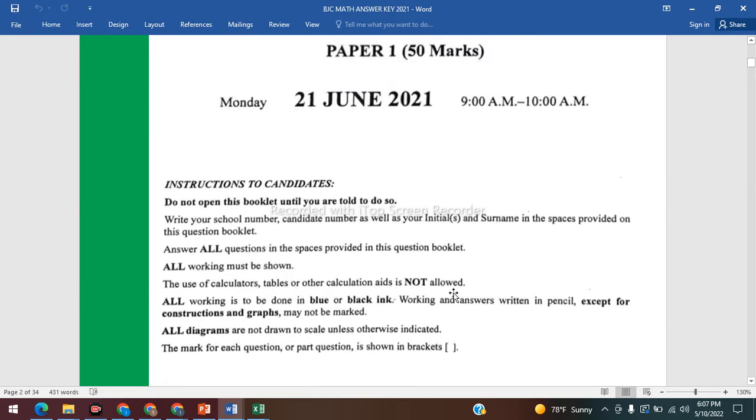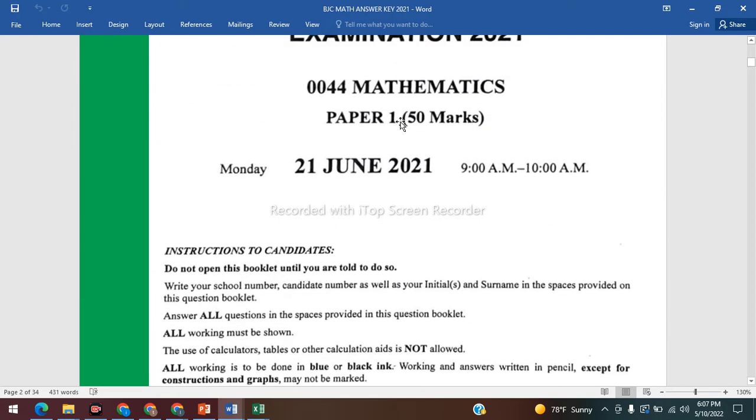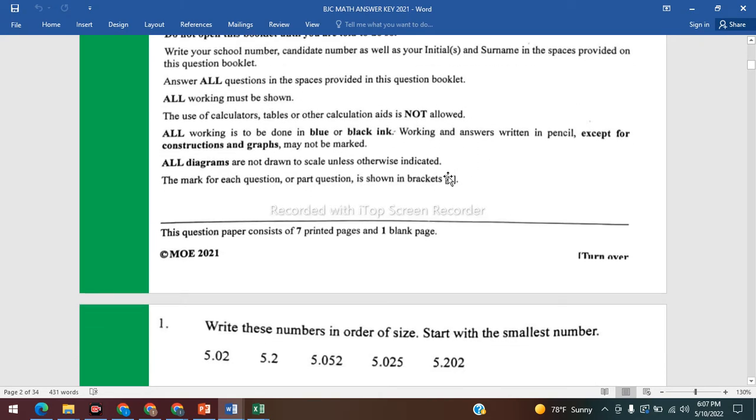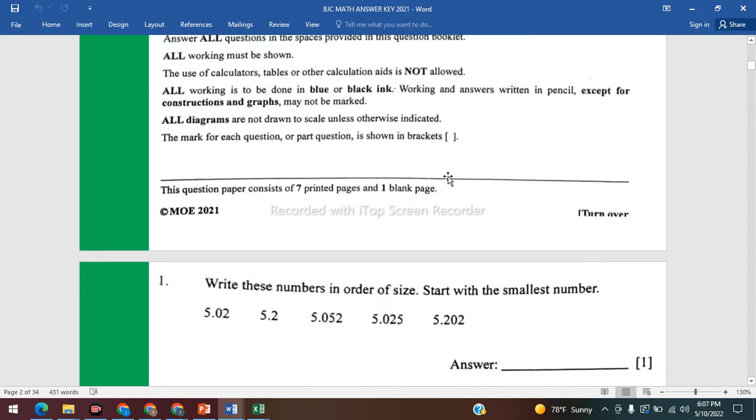This is paper 1, and usually paper 1 starts off with addition, subtraction, and division, right? But guess how this one started off? They did not start off with addition and subtraction. They start off with writing these numbers in order.